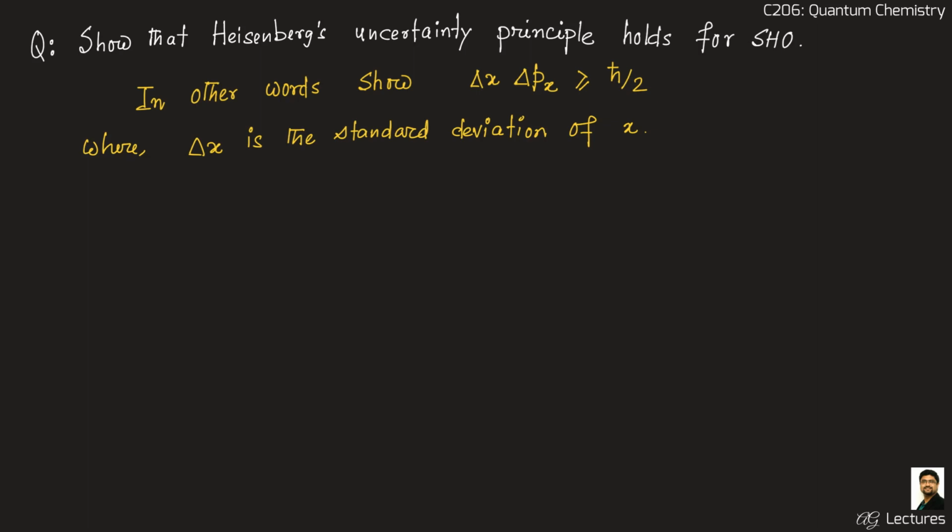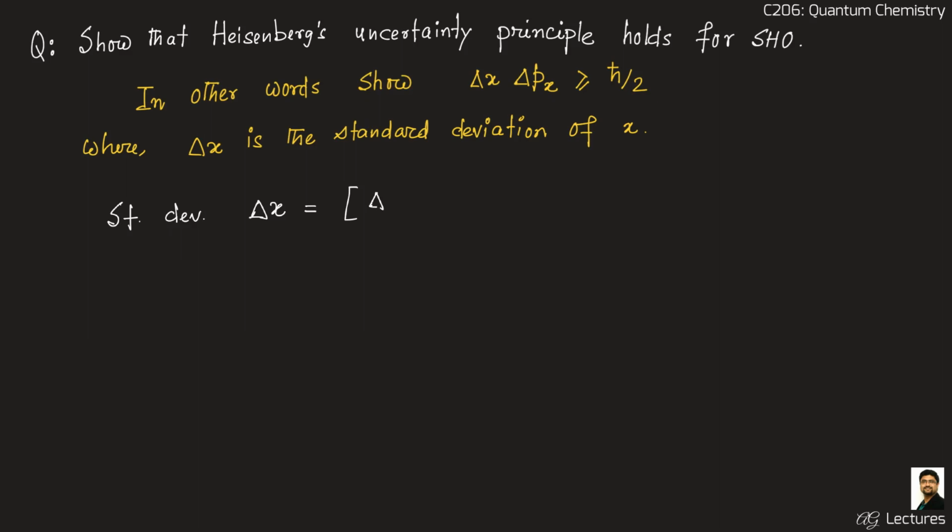To solve this, first we need to define the standard deviation of x. Now the standard deviation delta x is given by the square root of the mean square deviation.